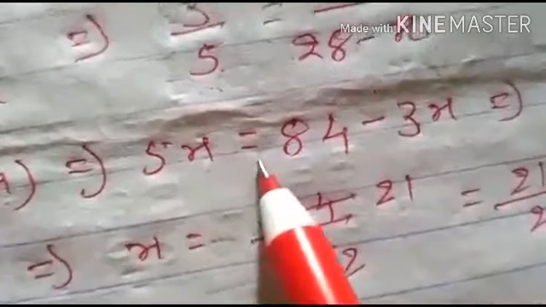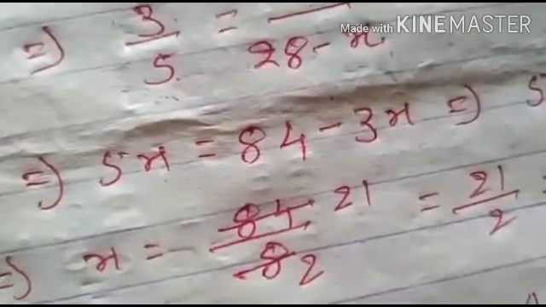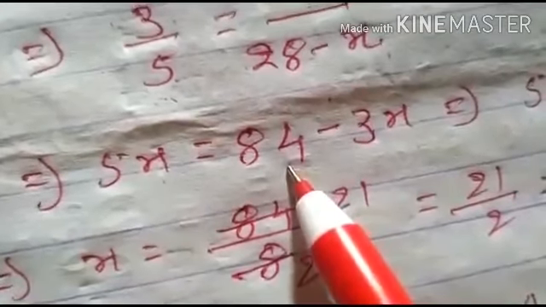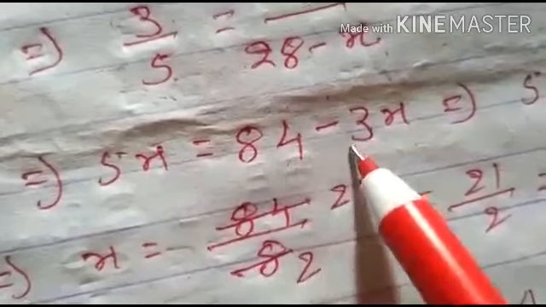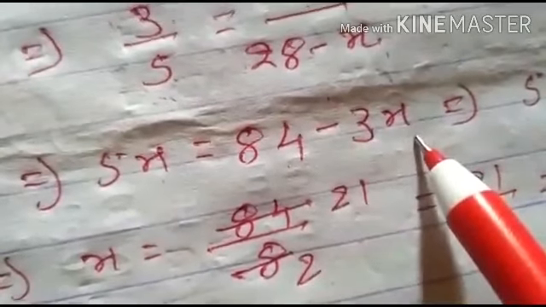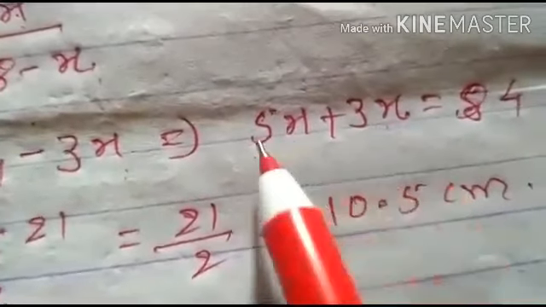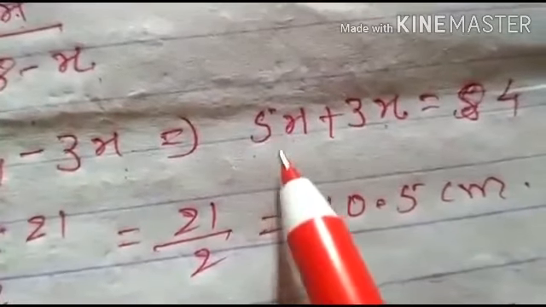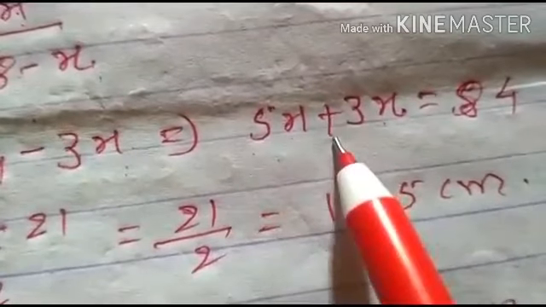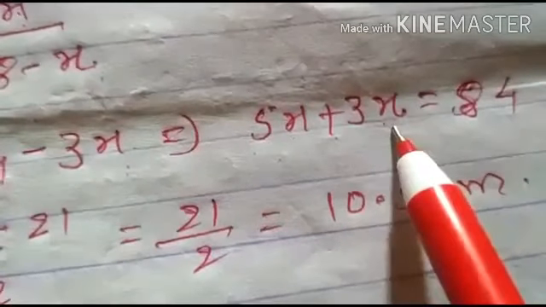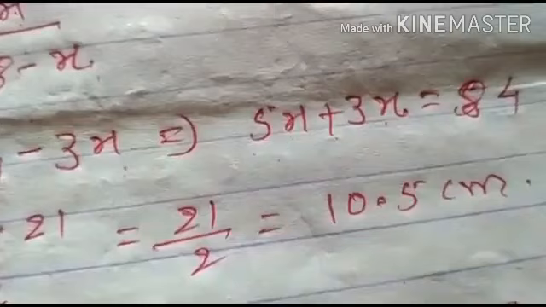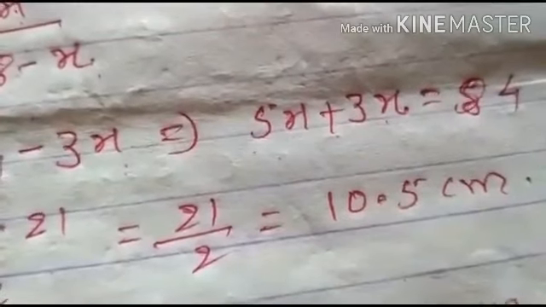On further, next step, 5x equals 3 into 28, which is 84, minus 3x. Now transposing 3x from RHS to LHS, we have 5x plus 3x equal to 84.